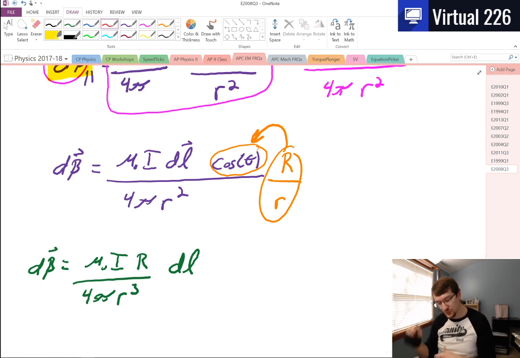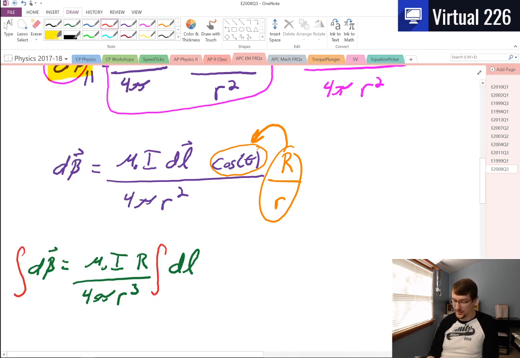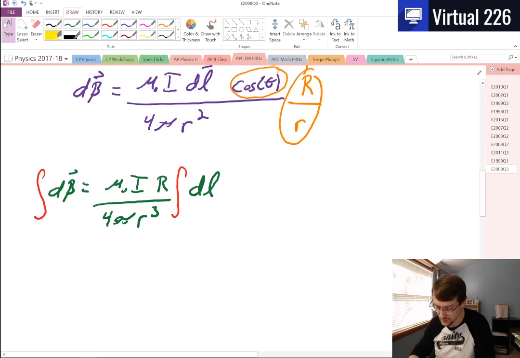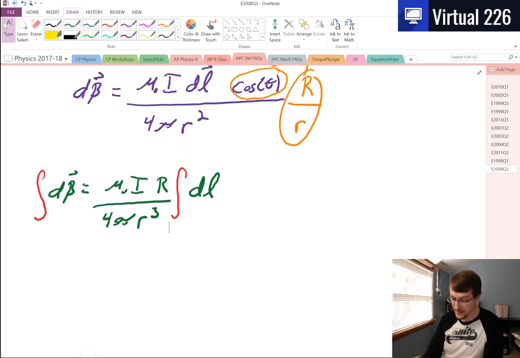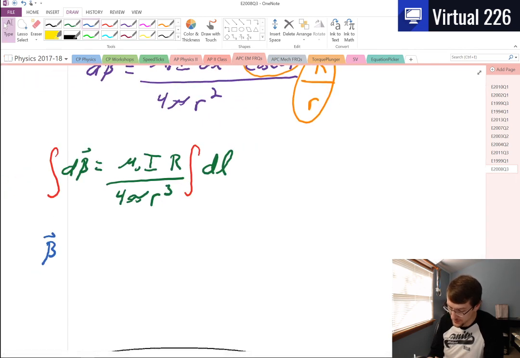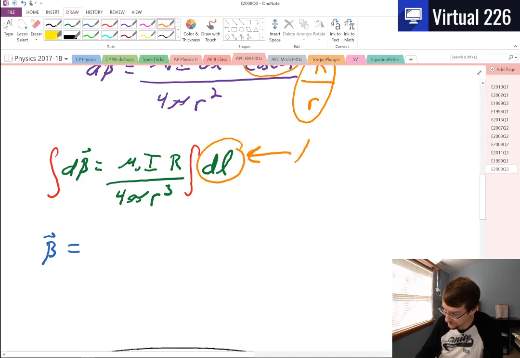Now, in order to solve for B, I need to integrate both sides. When you run this integral, the integral of dB is going to come back as just B, specifically the B in the direction we are looking for. This dl vector is going to be the entire length of the circle.